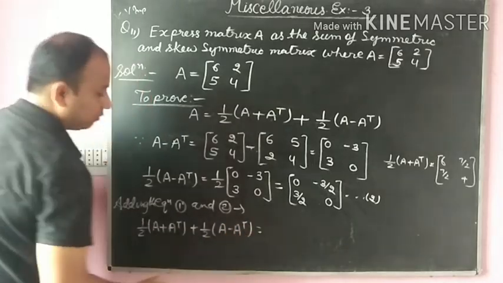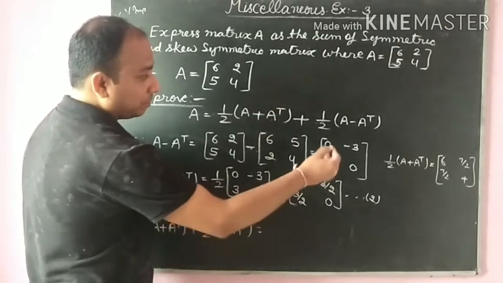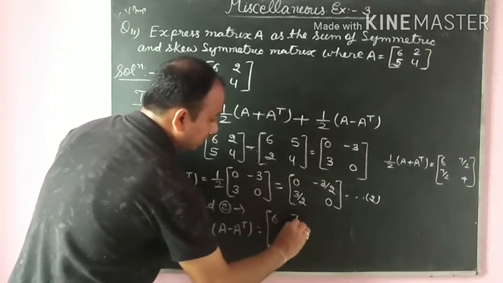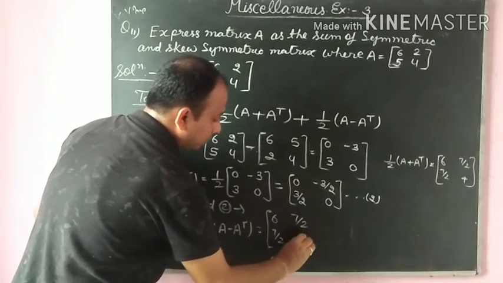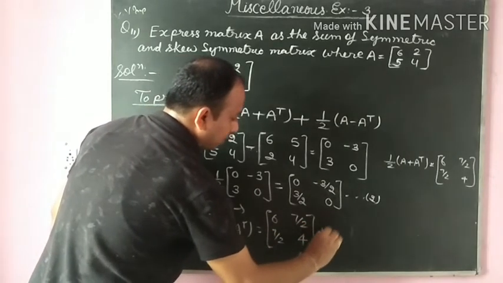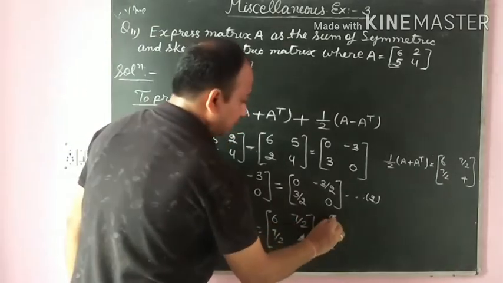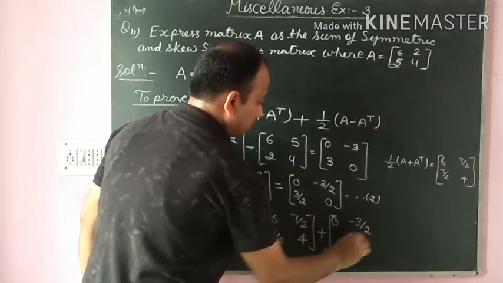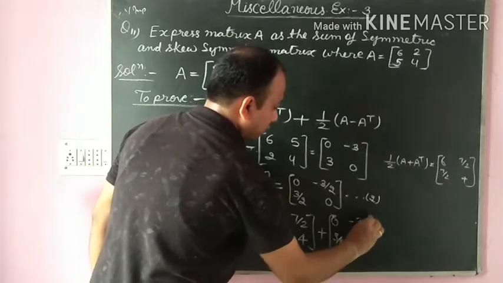AT. Putting the values from equations first and second, half of A plus AT is 6, 7 upon 2, 7 upon 2 and 4, plus half of A minus AT is 0, minus 3 upon 2, 3 upon 2 and 0.